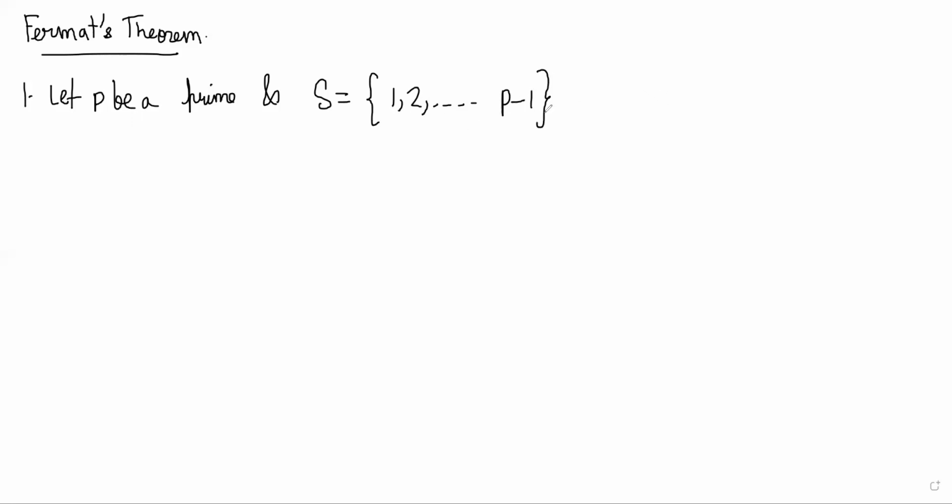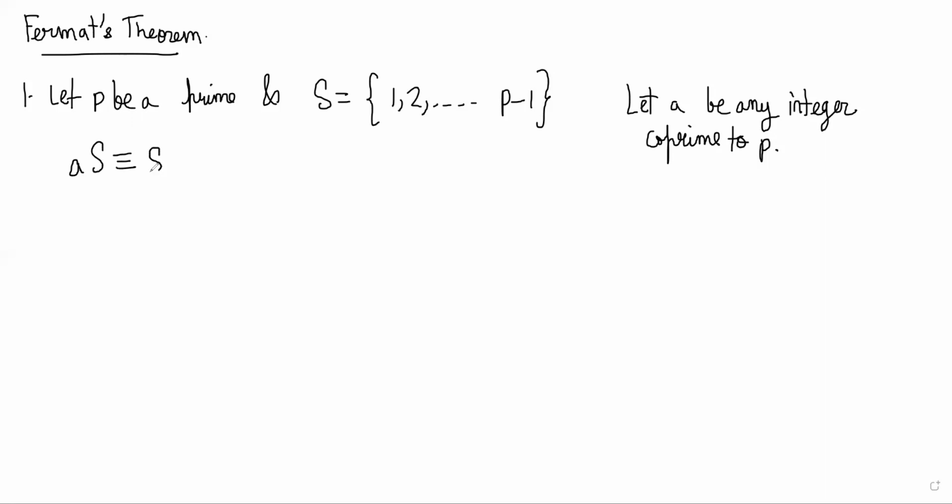These are the set of non-zero remainders modulo P. Let A be any integer co-prime to P. Then we have AS equal to S mod P.